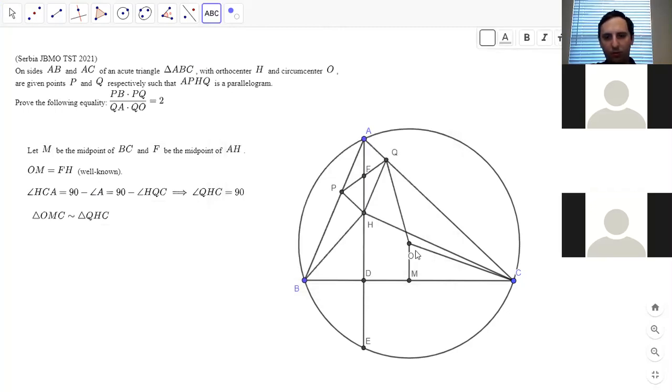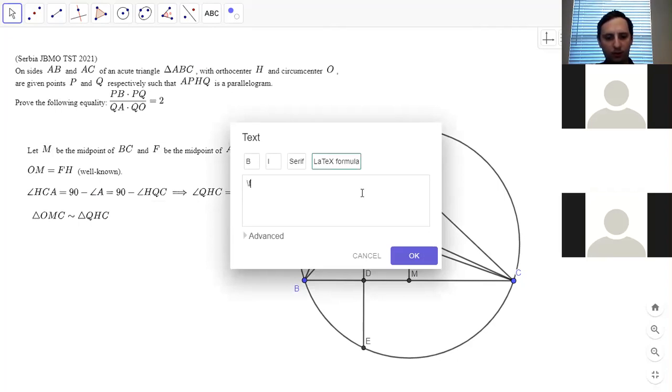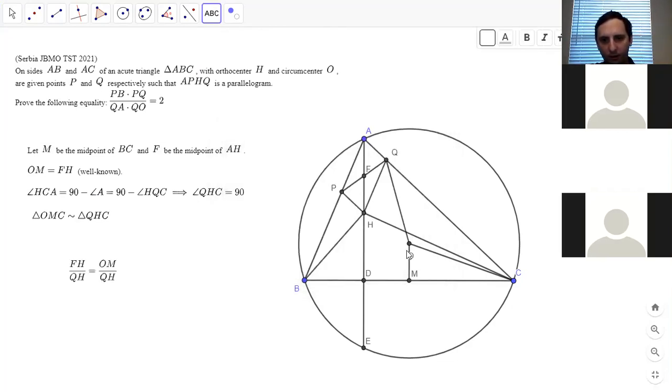And so we have FH over QH is OM over QH, and that is the same as OC over QC.